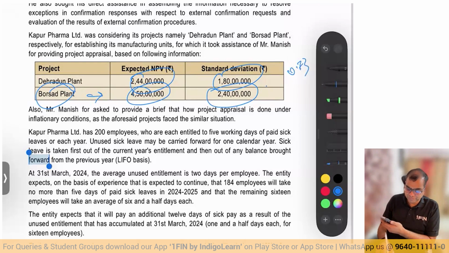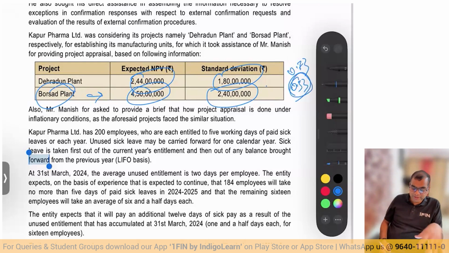Correct. So if you look at this, what are we getting basically here? We are getting, for the value per unit of NPV, how much risk we are taking. In Borsat plant, we are taking only 0.53, whereas in Dehradun plant, for getting 1 unit of NPV, we are taking 0.73 of risk.